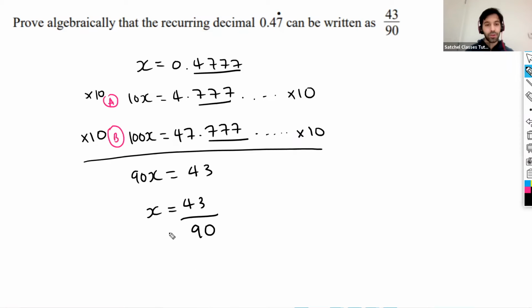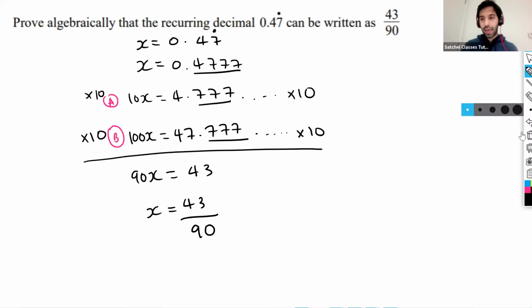And we've proven that 0.47 recurring is equal to 43/90. You could even start by writing let x be equal to 0.47, beginning your answer like this, and then rewriting the decimal notation as recurring decimals.